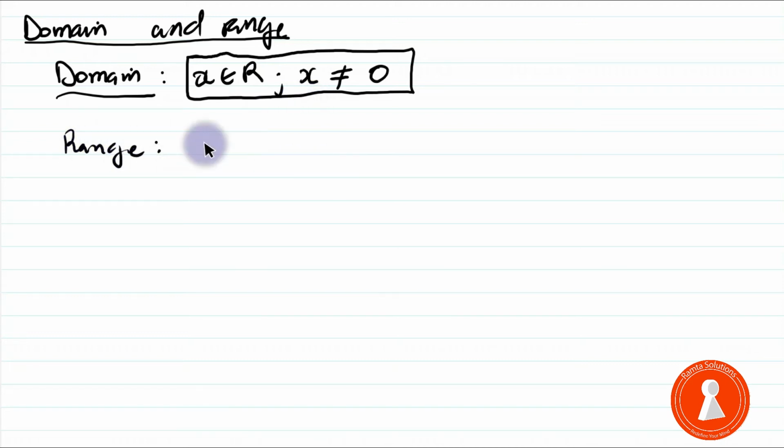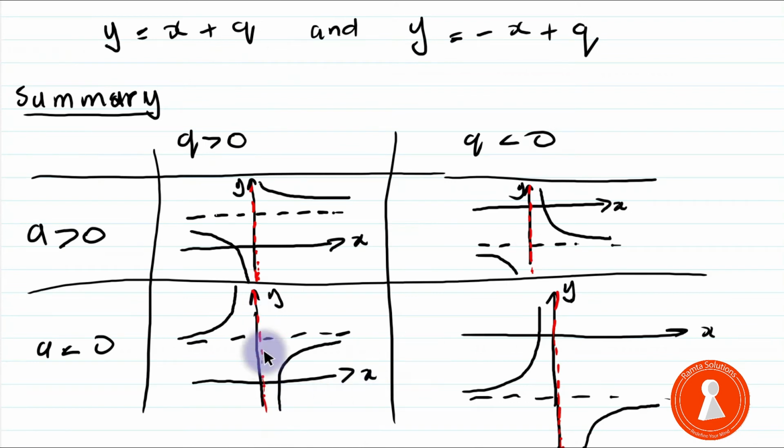Now, the range. If you remember very well, we looked at the vertical asymptote. Now, let's look at the range. It can allow any y value, but that y value must not be q. Remember, the graph will never touch q. So it can allow any y value, but not q.